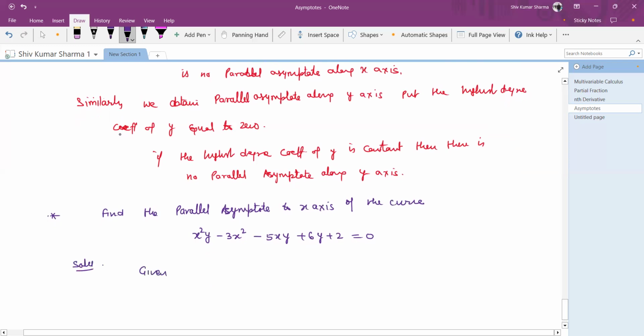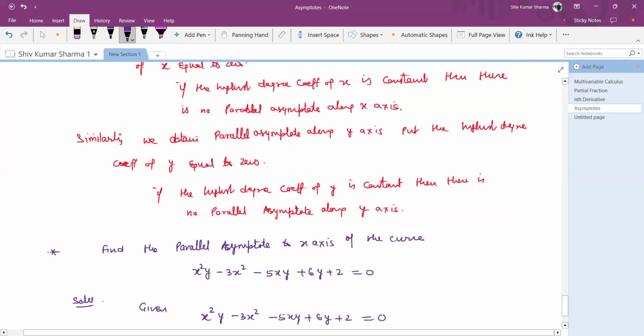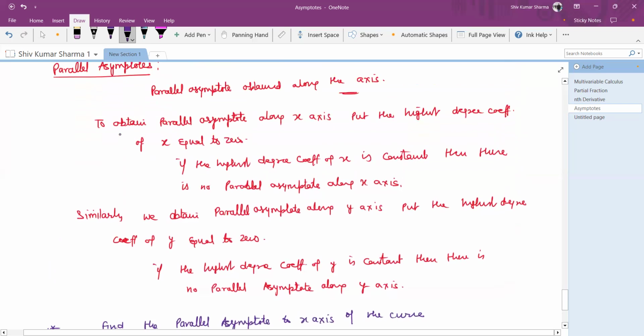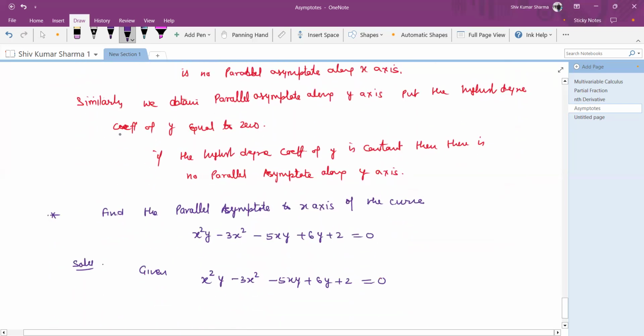So we write down the given equation: x square y minus 3x square minus 5xy plus 6y plus 2 is equal to 0. Here we are obtaining the parallel asymptote along the x-axis, so we put the highest degree coefficient of x equal to 0.